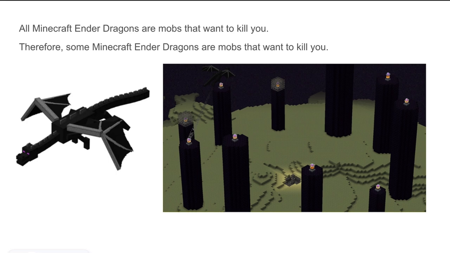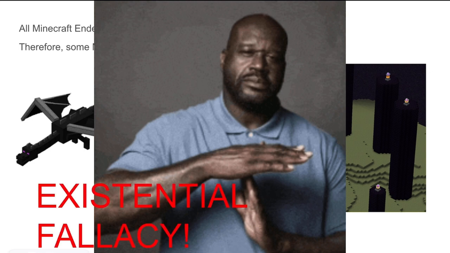And after you beat this realm, then you're considered to have beat the game, but hold on. This isn't real. It's a valid statement. It's a valid relationship of subalternation, but it's not real. Thus, existential fallacy.